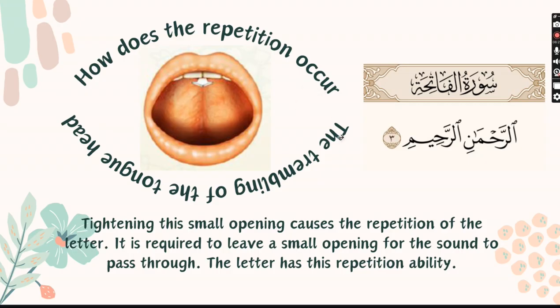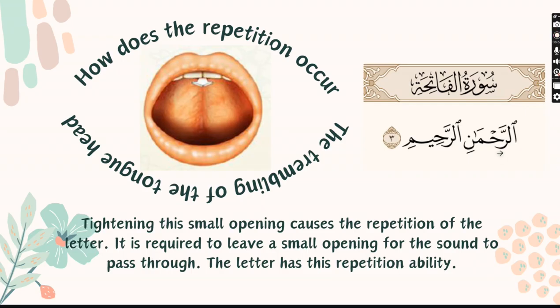It's the trembling of the tongue head. Now listen to me when I am pronouncing any Ra. For example, I have this example. We're going to use those two words a lot today, and in part 3, where we are going to speak about the mistakes which occur with the letter Ra.